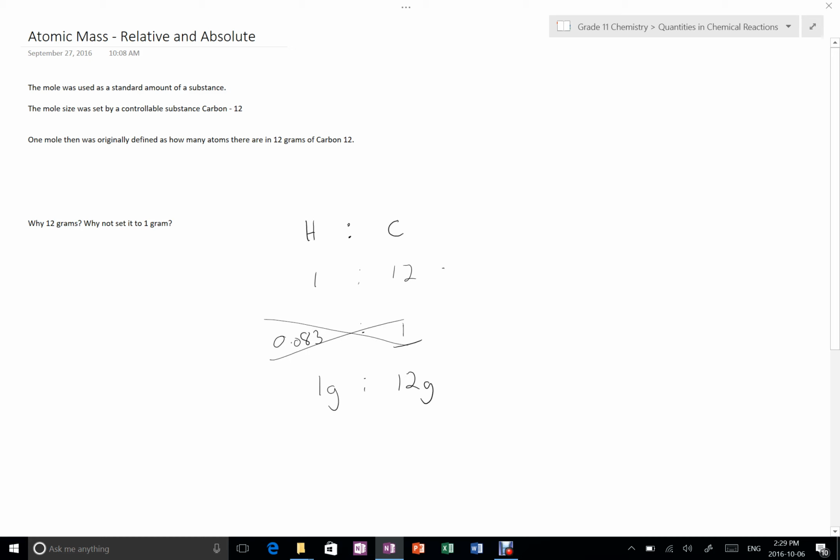And that's a much easier to work with number. So really, the choice to set carbon to 12 grams was related to its ratio to hydrogen to make sure that hydrogen worked out to 1 gram. So they said, fine, from now on, 12 grams of carbon represents the mass of 1 mole of carbon. And that's how big a mole is. So that's how they set up that definition.